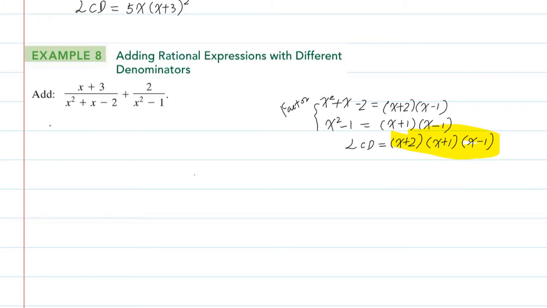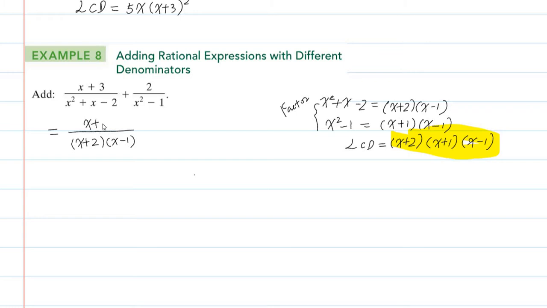Once we know the least common denominator, because we're adding them, I'm going to write down the steps. We're still going to do the factoring first, which we already did, so we'll just copy it down.